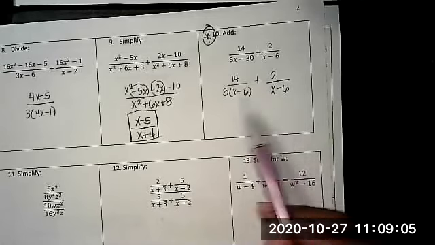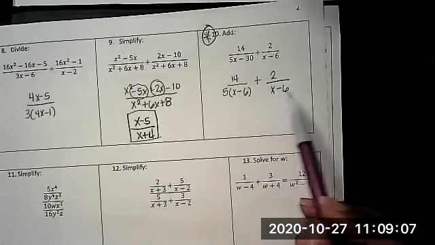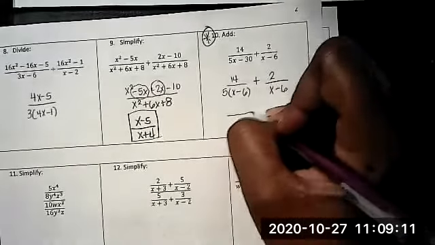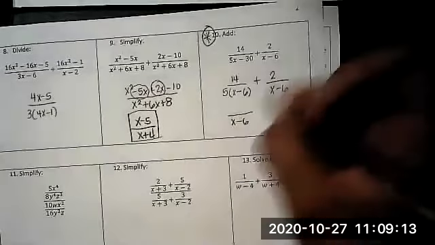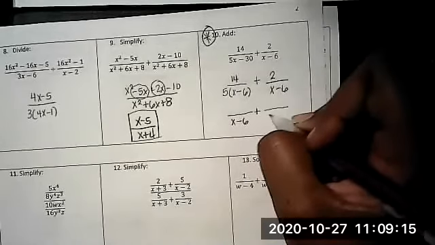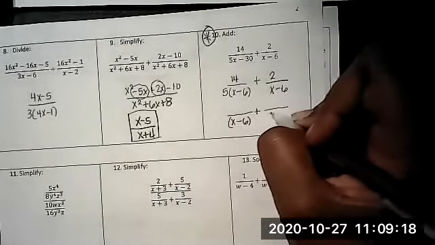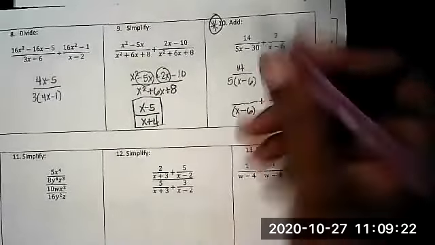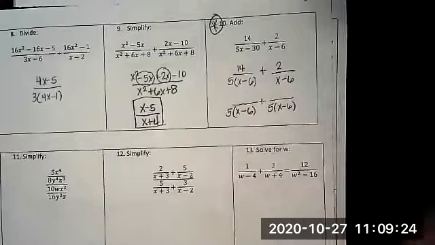So here they're saying what is common between the two. Okay, we know that x minus 6 is going to be in our common denominator. But we also have this extra 5 here, and if we have the extra 5, it has to be in our common denominator.